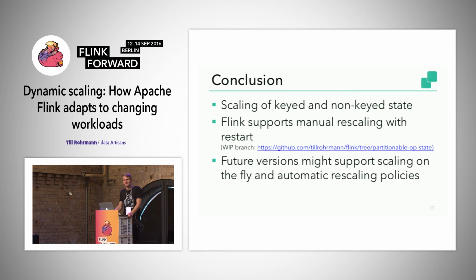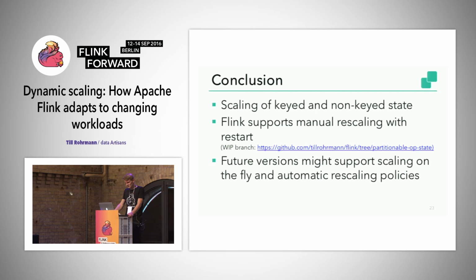How does the trade-off look with this max parallelism parameter? Can I just set it to 1 million, or does that slow things down much? I guess that depends a bit on your job specifics, how many keys you have, how large your state is. The overhead of managing these key groups is there, but it's kept at a minimum as far as we could.